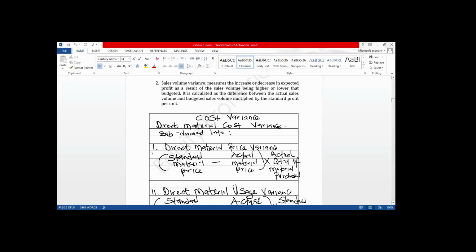Your direct material cost variance, where actual material cost is different from budgeted material cost.